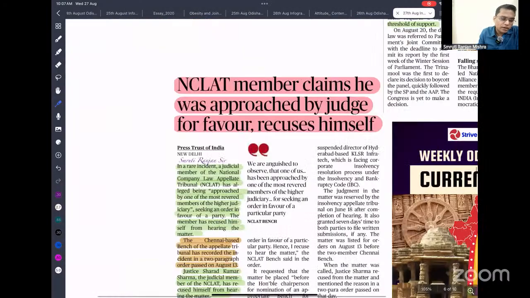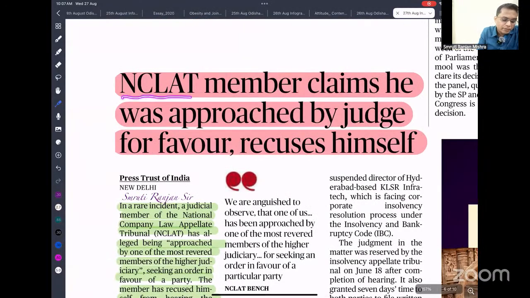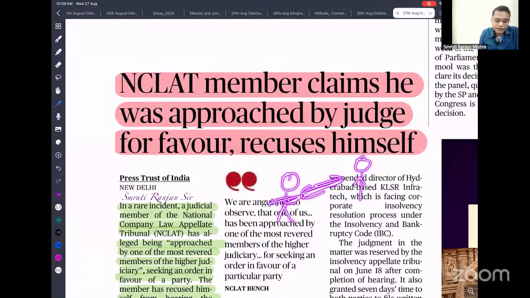So the next important article is about the appellate tribunal. A member claimed he was approached by a judge for a favor, so he recused himself. So what is recusal? Whenever judges are involved, for example, let's say this is a person and this is a judge. If these two persons are related, there is a relation or friendship, and if the judge is hearing a case where this party is involved, in that case there is a high chance of conflict of interest.